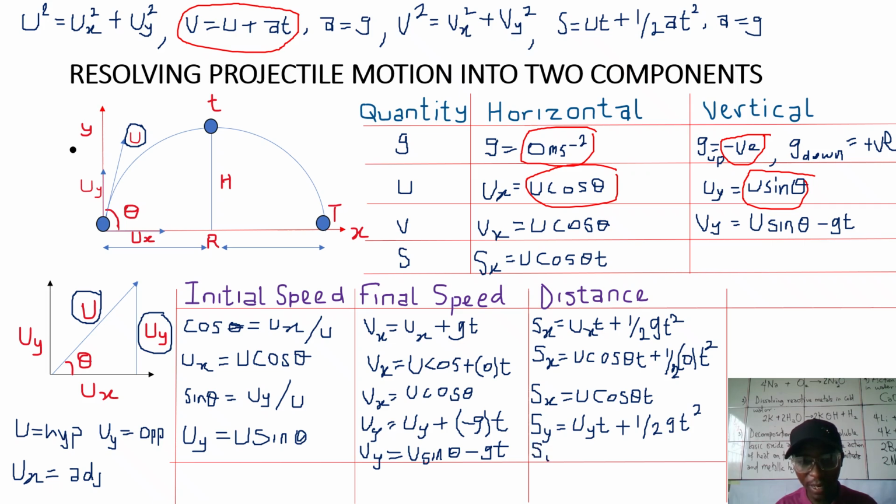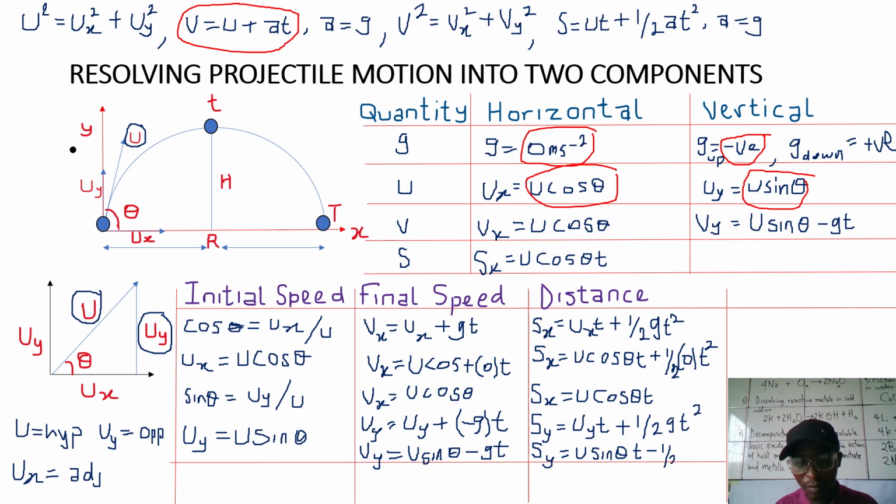So our Sy now, substitute the value of our Uy here, becomes U sin theta t minus half gt squared.